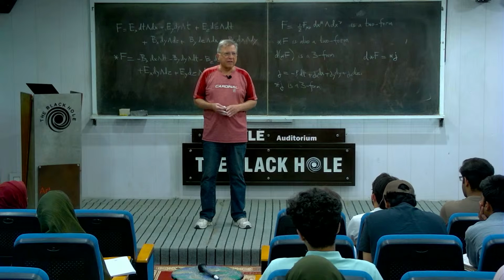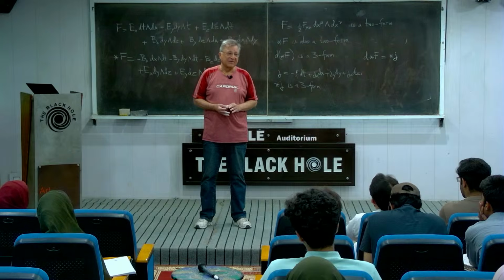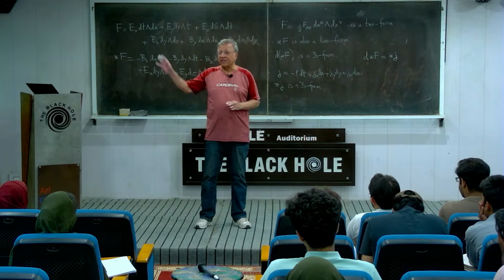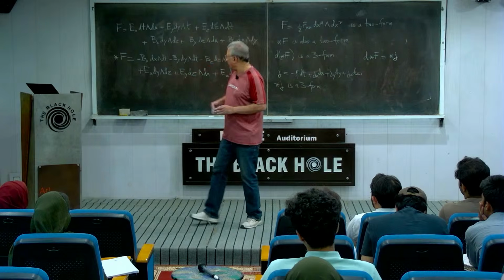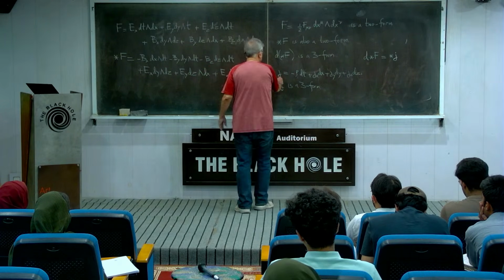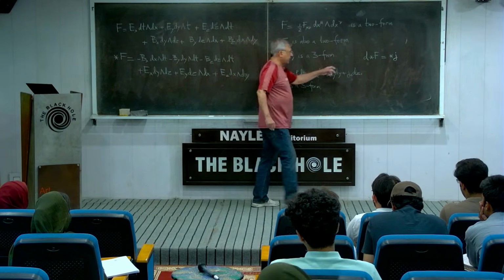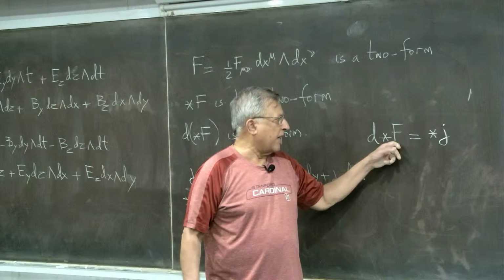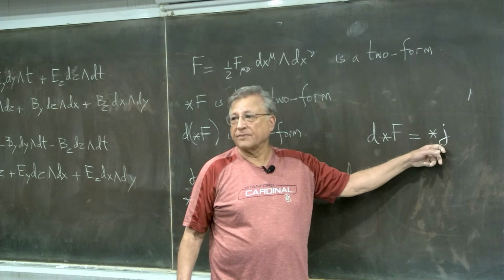It's like automatic. So that's a part of the geometry of the manifold. There's no dynamics over there. The dynamics comes from the forcing term, which is J. And so F is then forced by J.